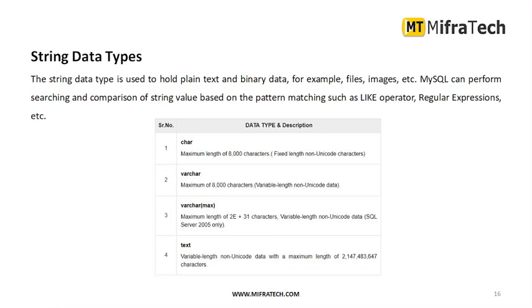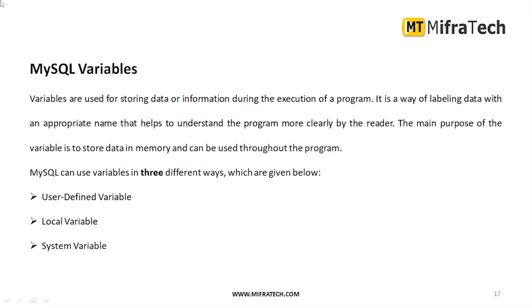Varchar max: here we can give the value as max. If I give varchar 10, for example, it will take only 10 variable characters. And text is plain text, with a maximum length of 2147483647 characters. There are many other data types, used in a similar way, so we have discussed this much only.